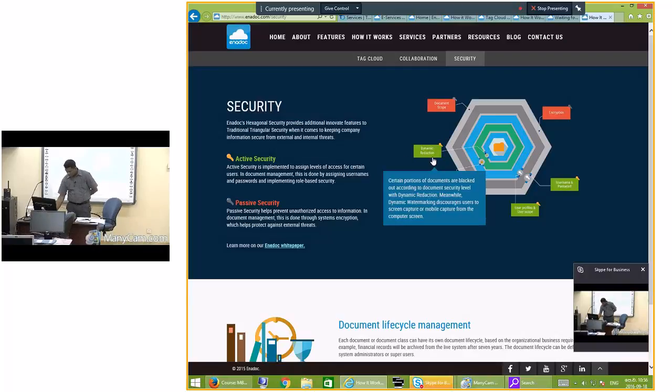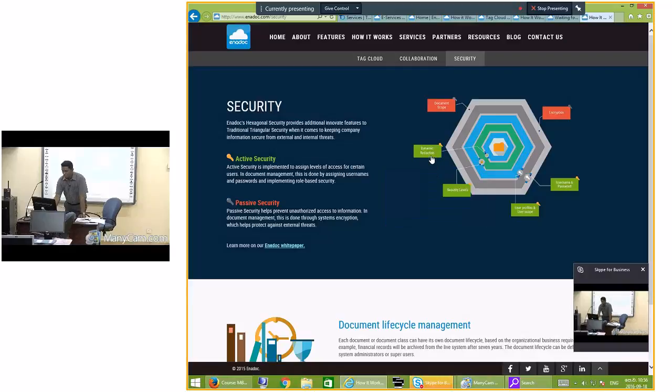So as I mentioned earlier, certain portions of the documents are blacked out according to document security level with dynamic redaction. Meanwhile, dynamic watermarking discourages users from screen capture or mobile capture from the computer screen.